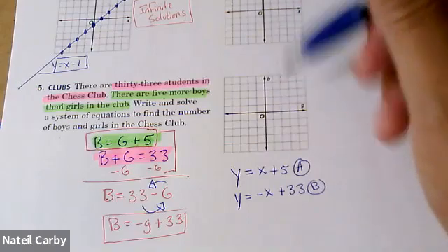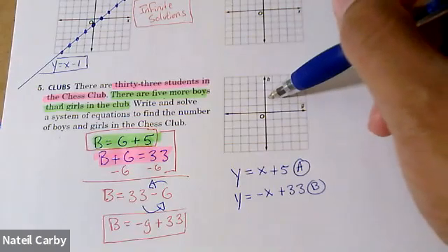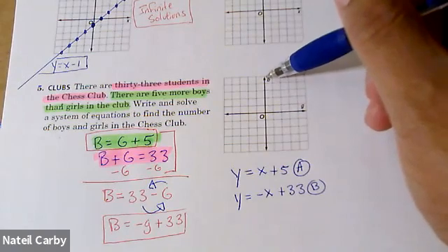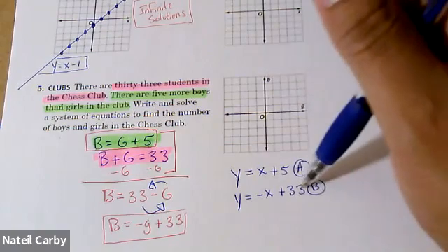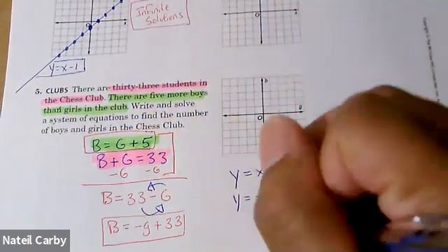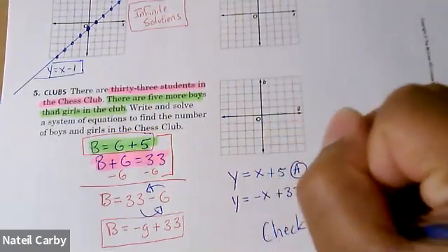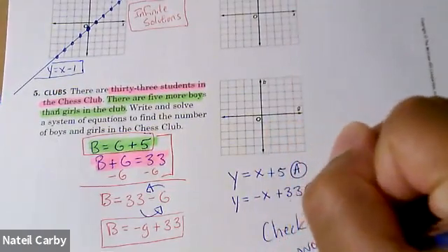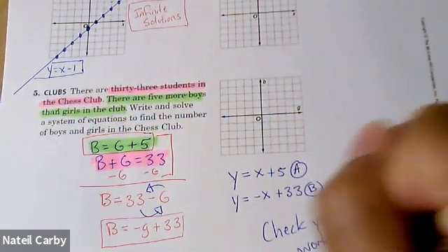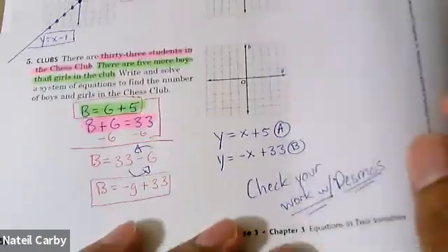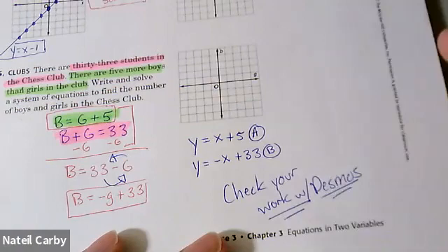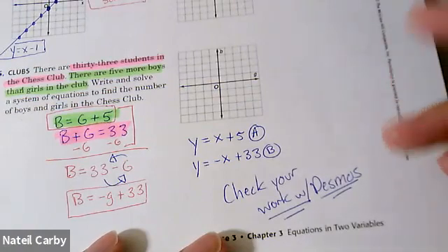Could go by 7s. 7, 14, 21, 28, 35. It's going to be a little bit off, right? So that's why I said check your work with Desmos. Okay, so here we go. We're going to make an approximation.